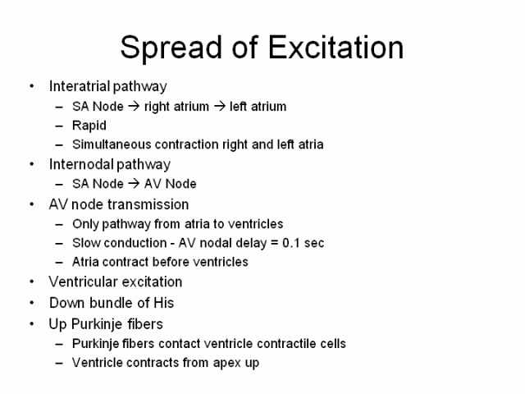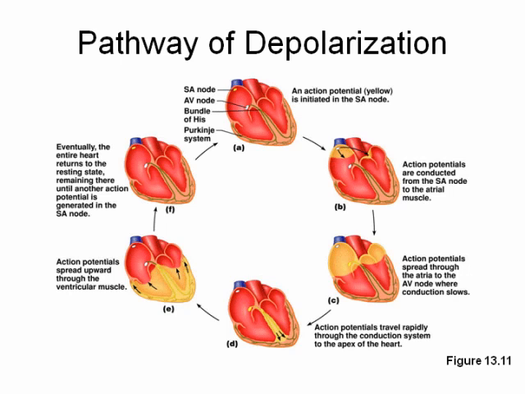So the depolarization spreading up the Purkinje fibers, and then the Purkinje fibers are going to contract ventricular muscle, contractile cells, and the ventricular cells are going to contract from the apex of the heart up. That is, the contraction starts here in the apex and works its way up toward the top of the heart. And of course, that's the direction that the blood is going to be flowing, going out of the heart.